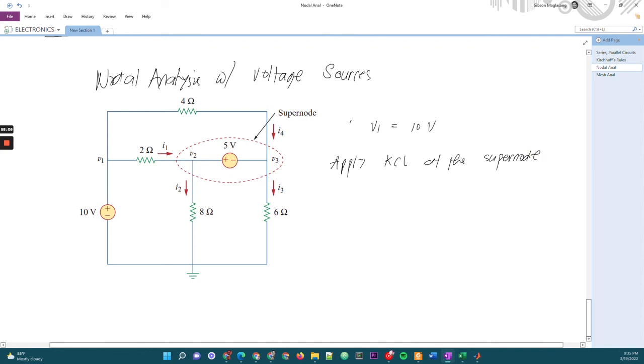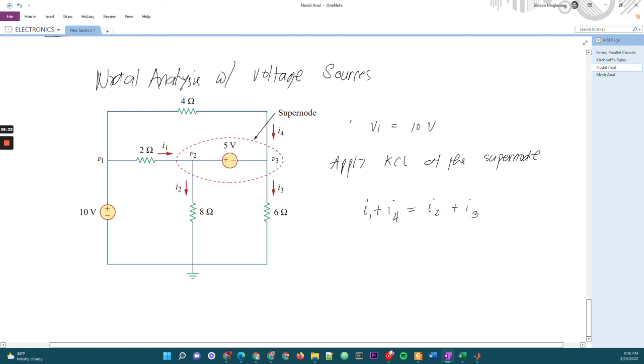So the currents entering the supernode are I1 plus I4. If you look at the figure, you have I1 here and I4. Then the currents leaving, we have I2 plus I3.